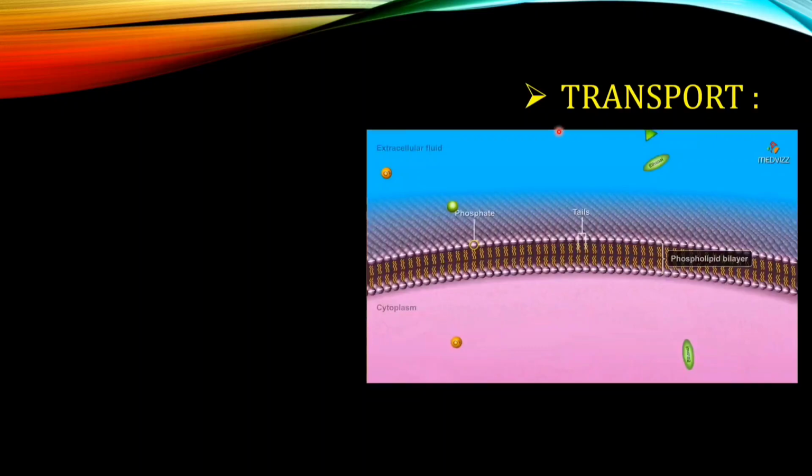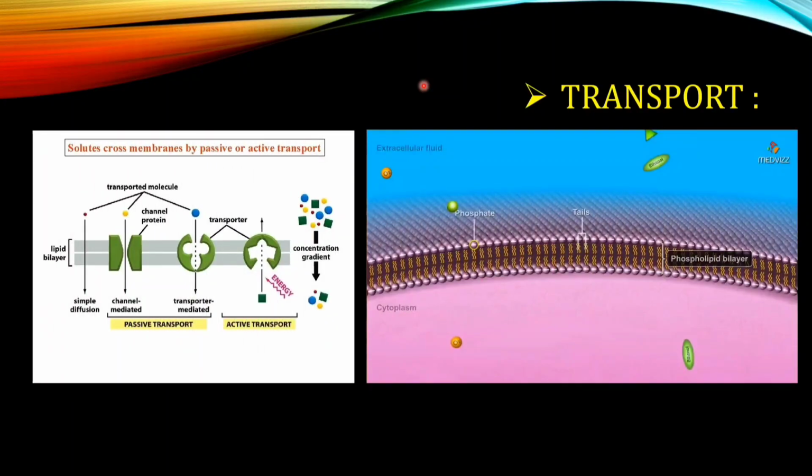Now talk about the first function of the membrane proteins, that is transport. What is transport? Transport generally means you travel from one place to another place. Here is the diagram showing how molecules pass through the membrane bilayer from one place to another.